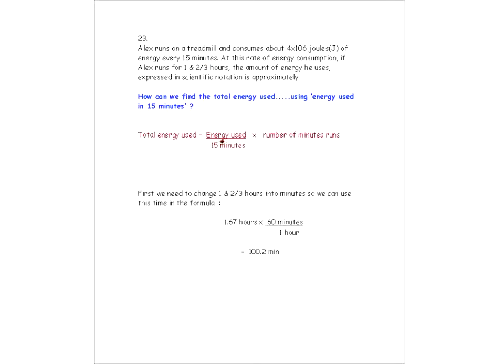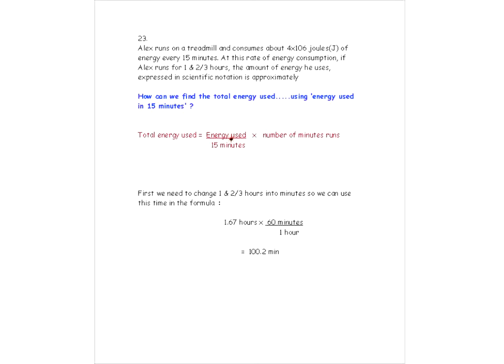If we know that he uses a certain amount of energy per 15 minutes, we can just write that out, energy used per 15 minutes. It makes sense that if you multiply that by the number of minutes, then the minutes are going to cancel out, because you have minutes on the bottom and on top. Minutes are going to cancel out, and you'll just be left with energy.